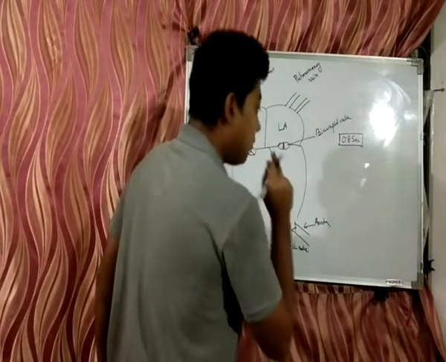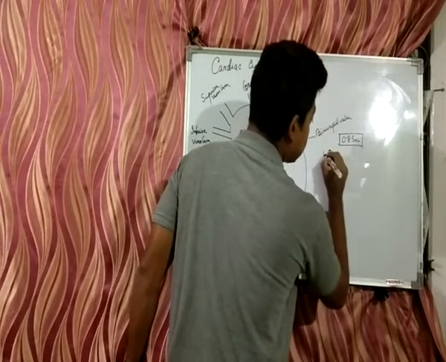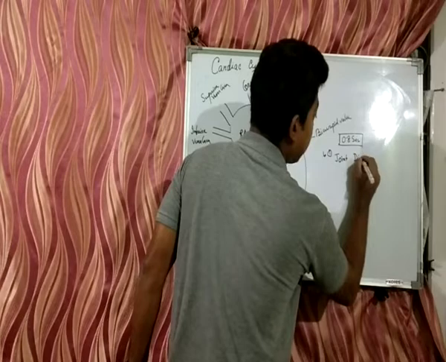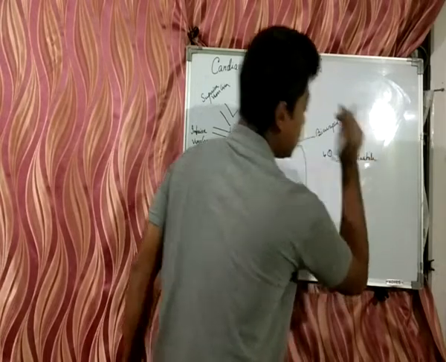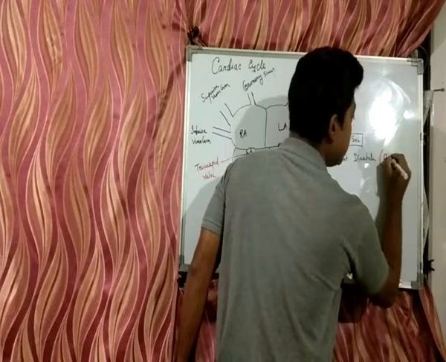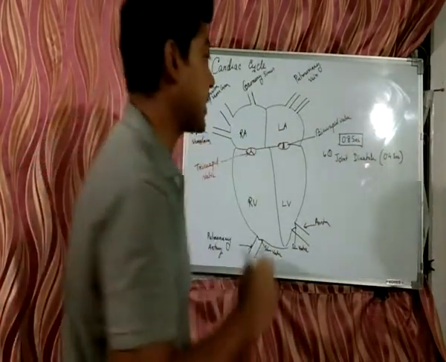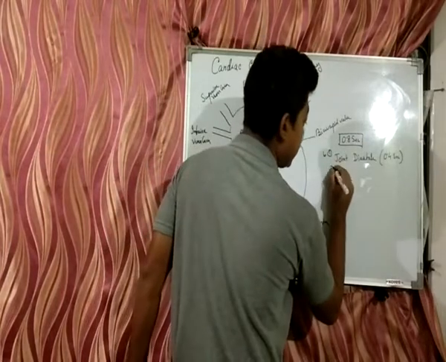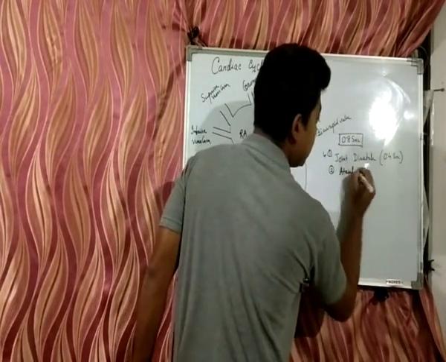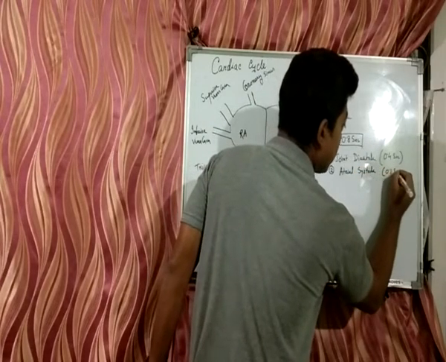The first, number 1, is called joint diastole. That occurs for 0.4 second. Then the next event is atrial systole. That occurs for 0.1 second.